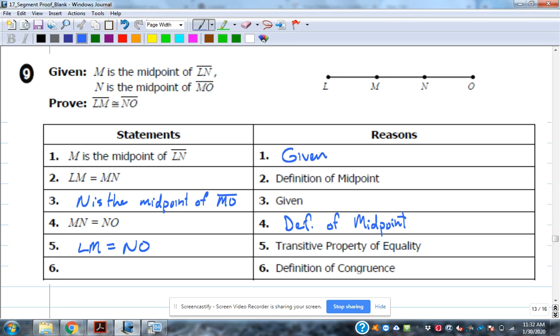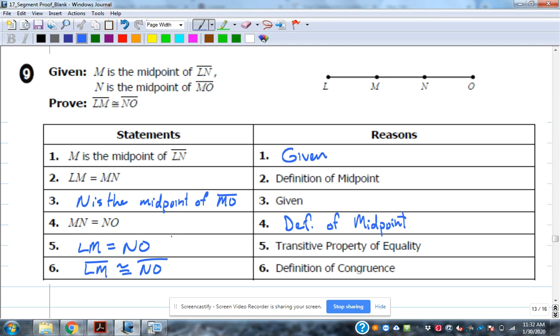So there's that transitive property going from LM to NO. So that gets us the 2 measurements equal, which if the measurements are equal, put the hats back on them. And we made our way out of that.